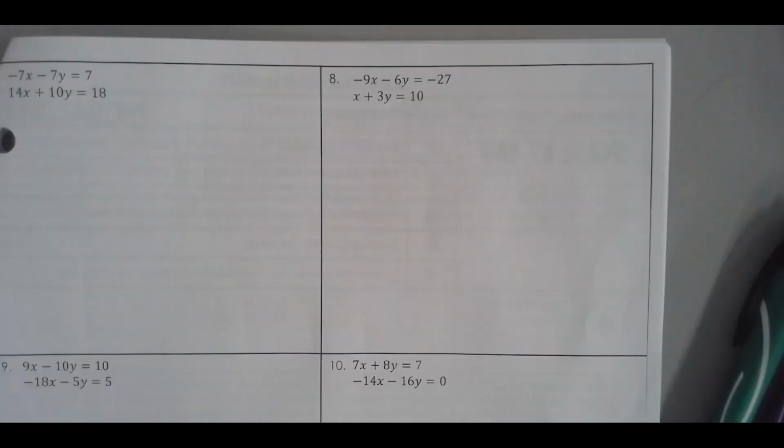Now I'm going to find one that I want to do. Any variable? No. Any that all that needs to be done is their signs to be changed, so you can multiply.